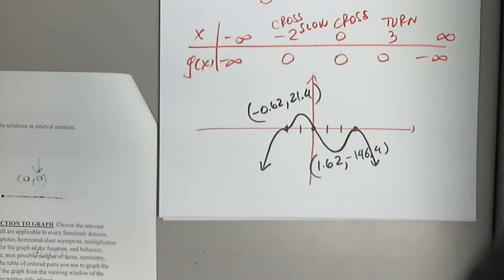And now you enter 0, enter, 3, enter, and enter again. Did you get 1.618 and y negative 146.35? Yes. Excellent.